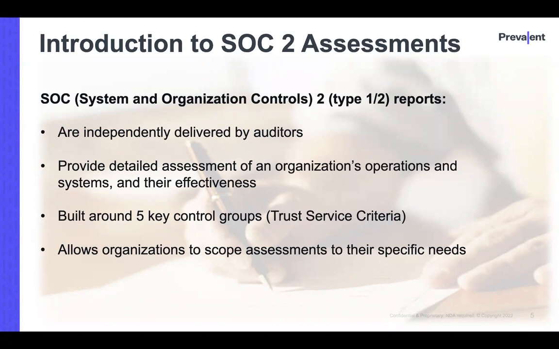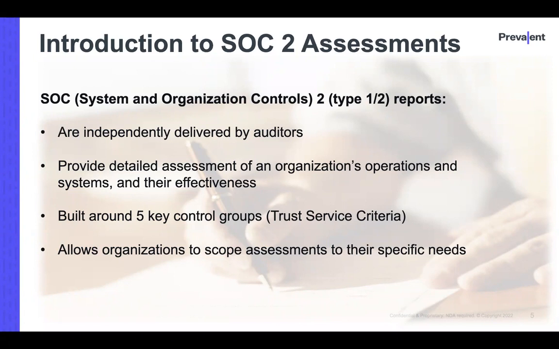The purpose of the type 2 is very much looking at the operational effectiveness of the controls, and as such is delivered over a longer period, typically up to 6 months. The purpose of which, of course, being that an auditor viewing the controls needs to have confidence and to make sure that those controls that have been designed are effectively working. And more often than not, you need a reasonable time frame in order to do that.